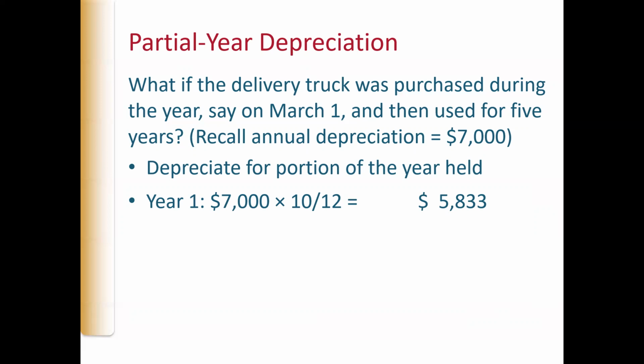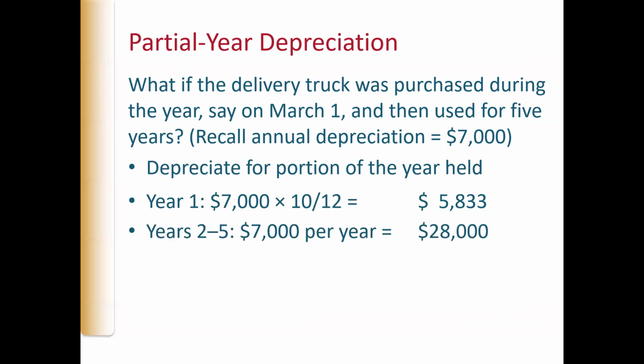But because we purchased it on March, we only had it for 10 months out of 12 months. So we would only show $5,833 that year. And in year 6, we take then those last 2 months of the depreciation.